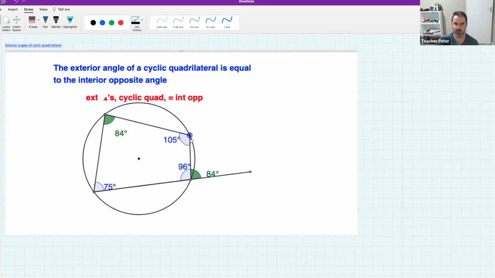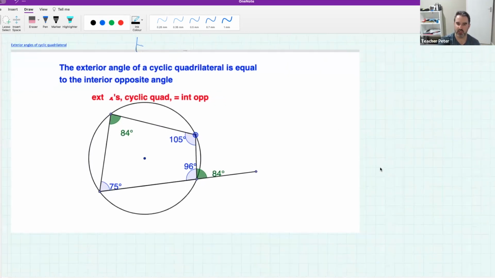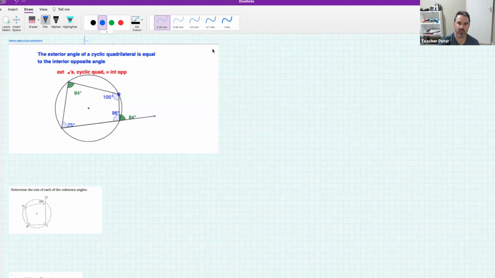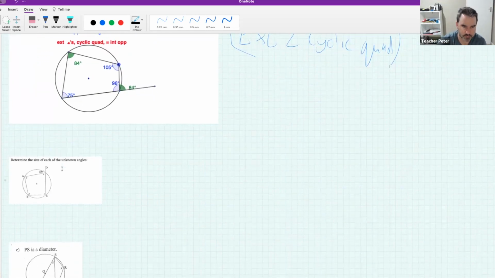So I move this around. The angles change, but the relationship holds constant. And so this will just be the shorthand reason that we use is exterior angle cyclic quad. So these are actually two quite relatively easy theorems. Let's see them in action in a question.